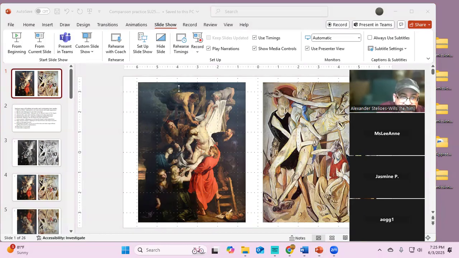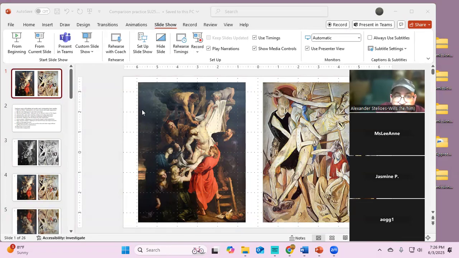So one of the things I would say is I strongly recommend starting from the point of view of value. Value is key, meaning that it will answer a lot of other questions. If you think about what the differences are between the paintings in terms of value, that will help you in a lot of ways.